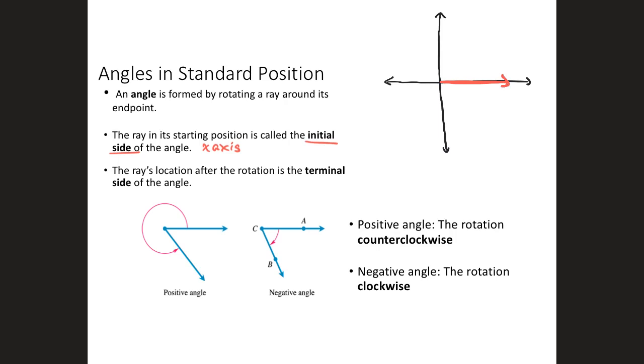That's the initial side. Then we rotate that initial side a certain number of degrees, and that will be what's called the terminal side. So the terminal side is the ending side.